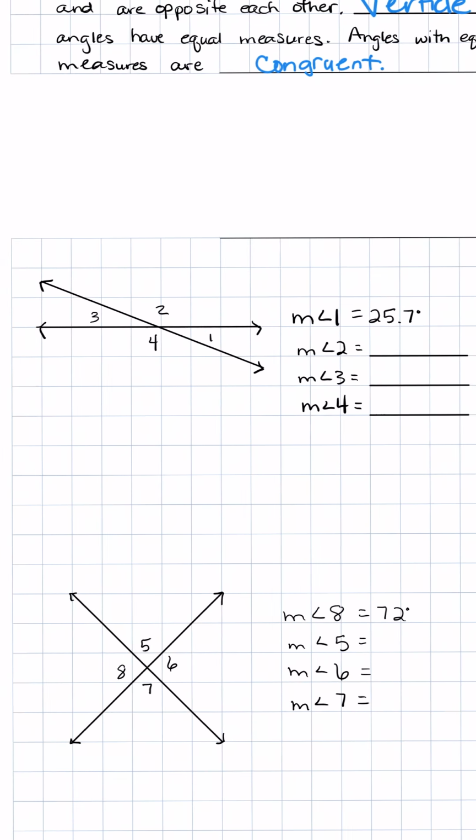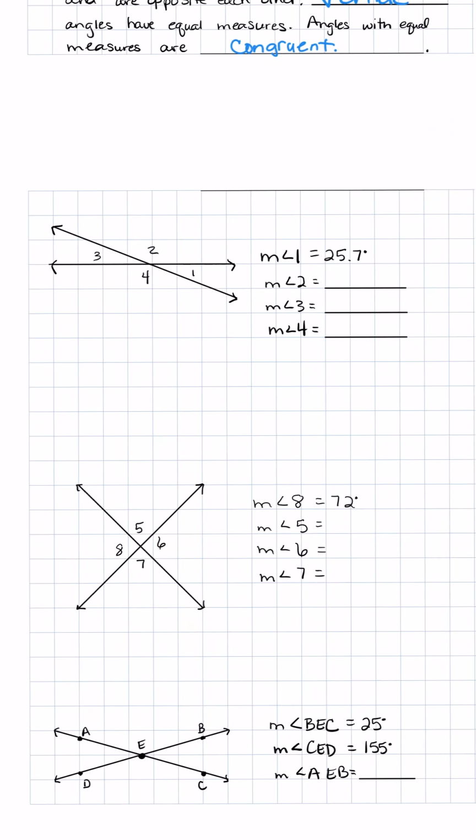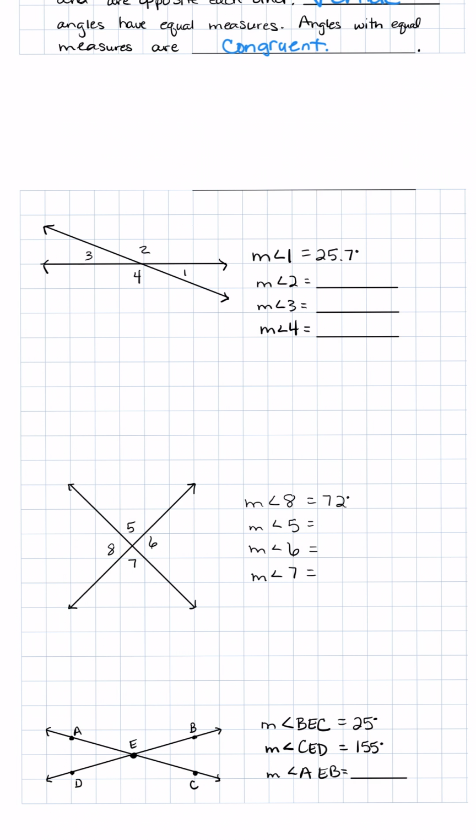So, looking at this, if we know that measure 1 equals 25.7 degrees, we know that measure 3 is congruent. It's vertical angles with number 1, so therefore it also equals 25.7 degrees.